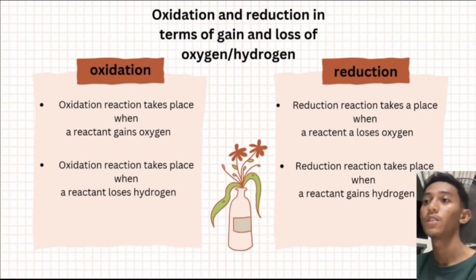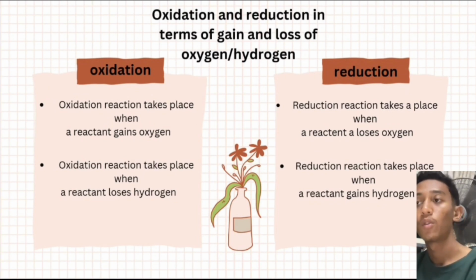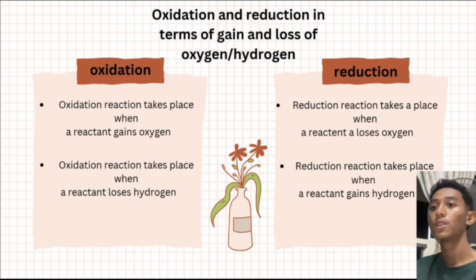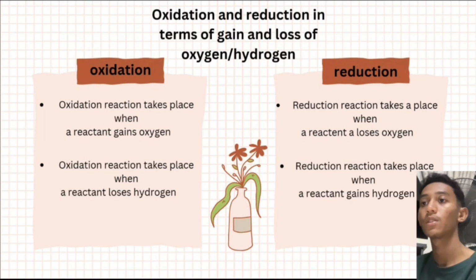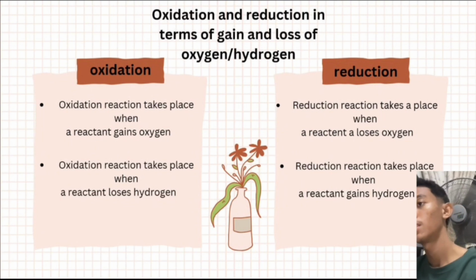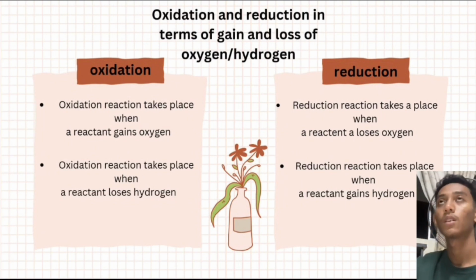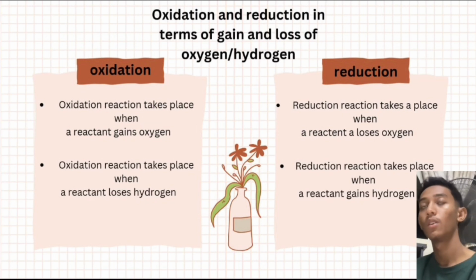Oxidation and reduction in terms of gain and loss of oxygen and hydrogen. For oxidation, the reaction takes place when a reactant gains oxygen. For reduction, the reaction takes place when a reactant loses oxygen.